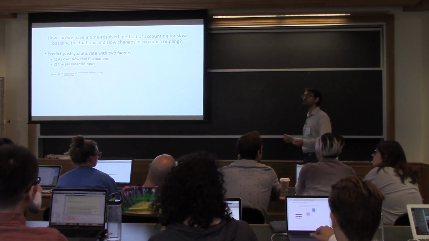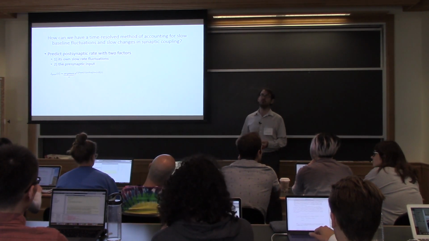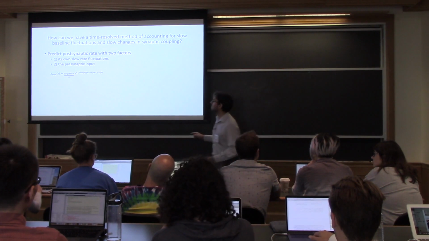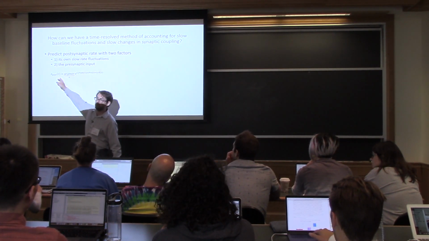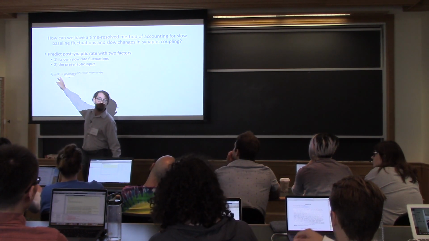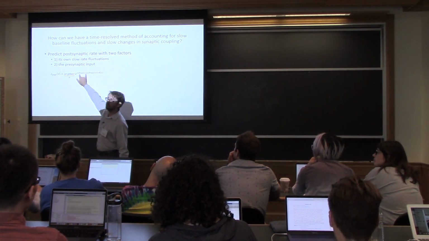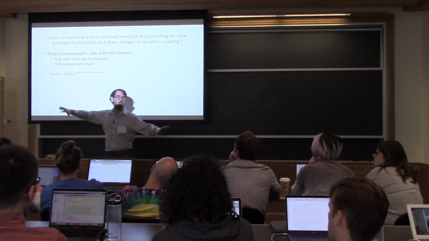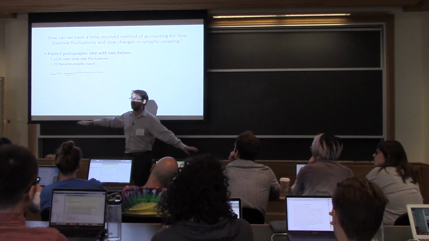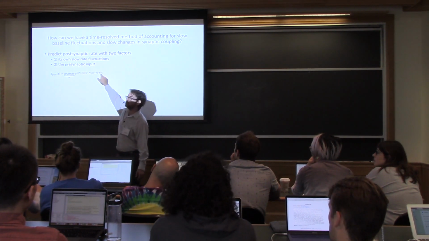The other is that we assume there's going to be a transient boost in that postsynaptic firing just when the presynaptic cell is active. The way to read this is this lambda function: this is our intensity function for the Poisson process, the firing rate of the postsynaptic cell. It's a function of this coarsened postsynaptic spike train, so the average firing rate of that postsynaptic cell over some longer, non-synaptic time scale, plus some boost that we get at the time of the presynaptic spike, and we're going to allow that boost to change over time.